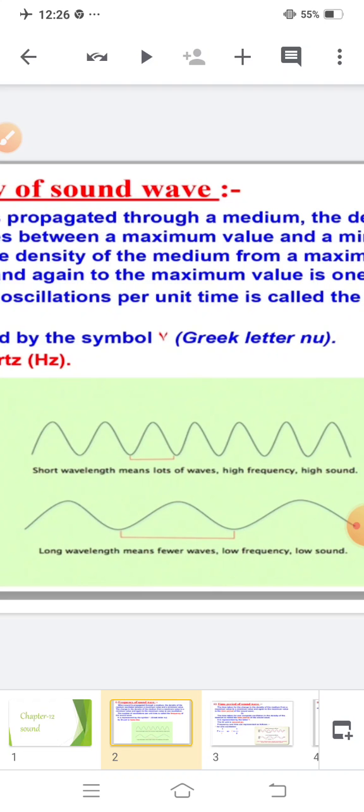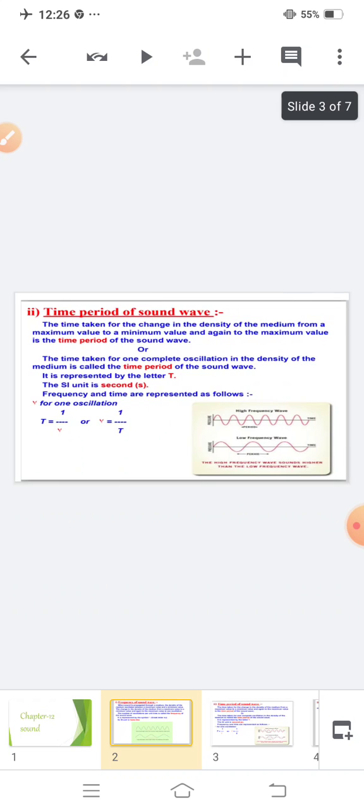Now moving to the next characteristic, that is time period. What do you mean by time period? It's very simple. The time required to produce one complete wave is known as the time period. The time taken for the change in density of the medium from a maximum value to a minimum value and again to the maximum value is called the time period.